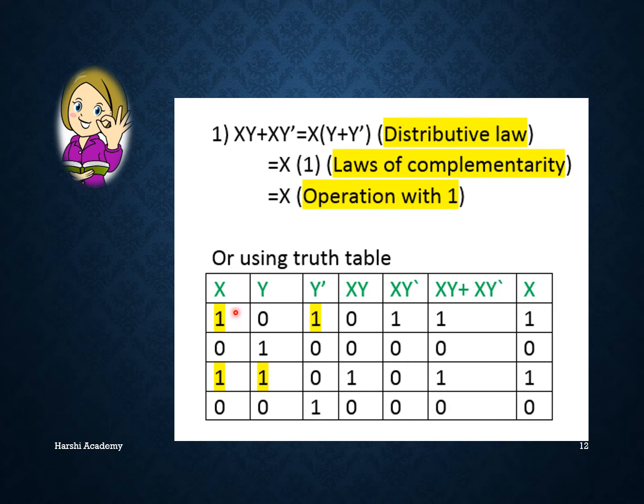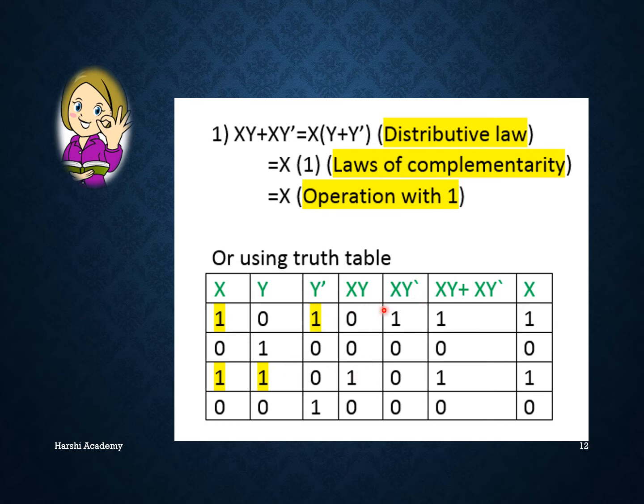You can draw the truth table and give inputs to x and y like this, then y bar, then xy bar, and xy plus xy bar. Now 1, 1, then 1, and 1, 1, here 1.